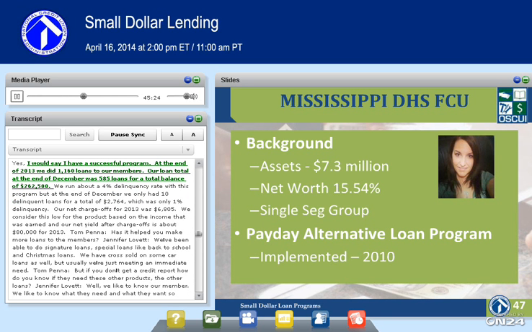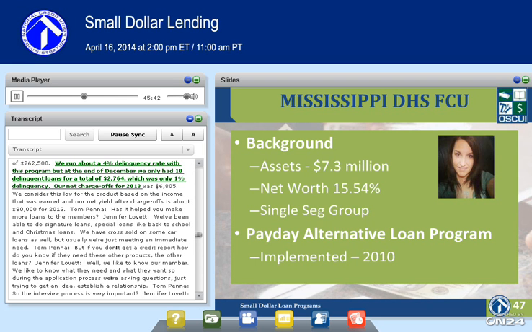At the end of 2013, we did 1,160 loans to our members. Our loan total at the end of December was 585 loans for a total balance of $262,500.